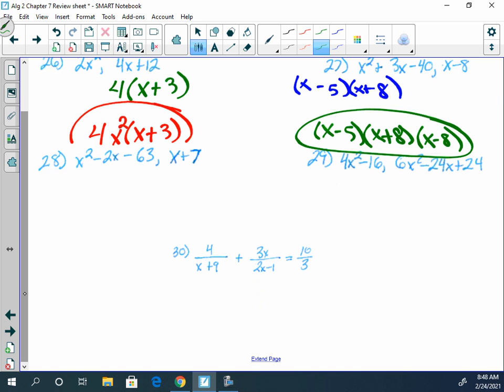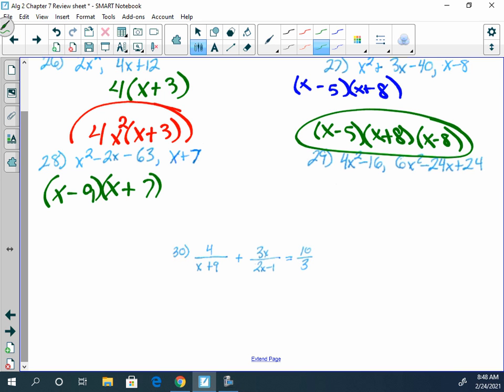Let's look at 28. x squared minus 2x minus 63. We'll have x and x plus and minus, because since 63 is negative, the signs are opposite. Now, the factors of 63 that we're going to use are going to be 7 and 9.